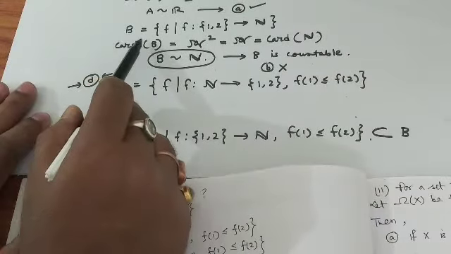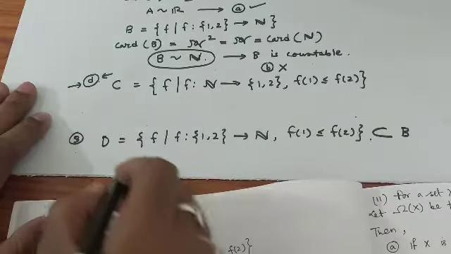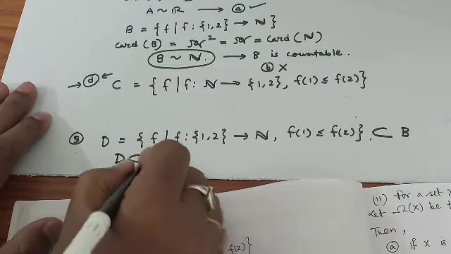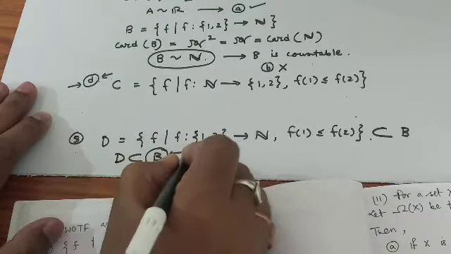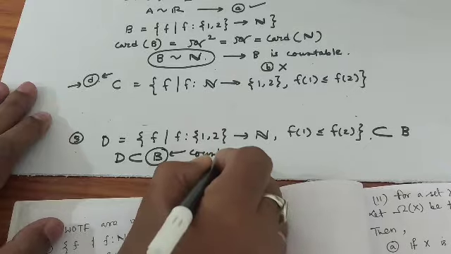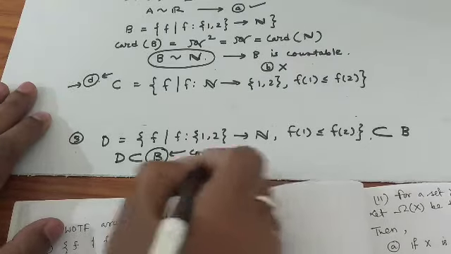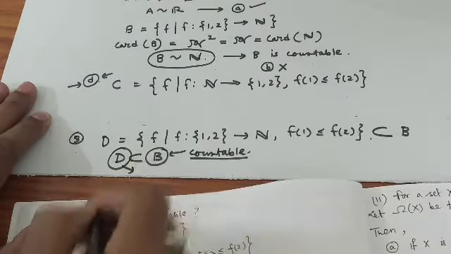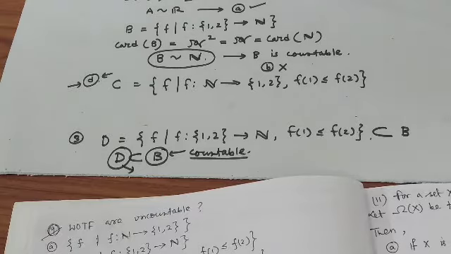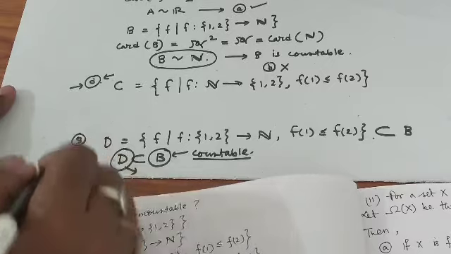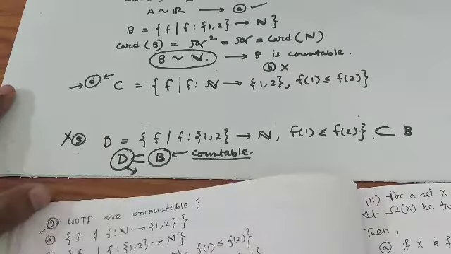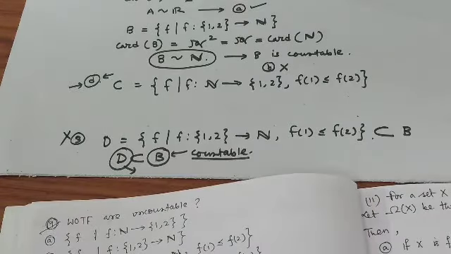So D is a subset of B, and B is countable. So it is never possible that D is uncountable. Clear? By that simple logic, you can discard your third option. D has to be countable.